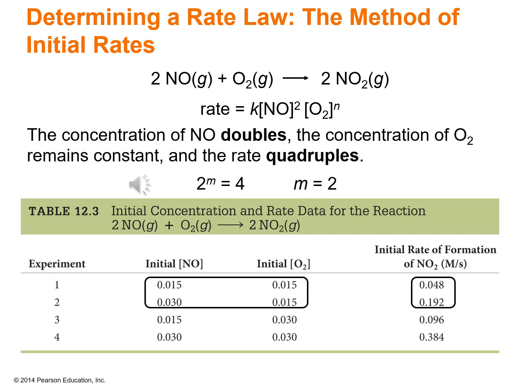This analysis can be done mathematically by keeping one concentration constant and looking at the effect of doubling the other concentration on the rate of formation. Because you're keeping the oxygen concentration constant and doubling the NO concentration, you are quadrupling the rate of formation, which means the concentration needs to be raised to a power of 2.